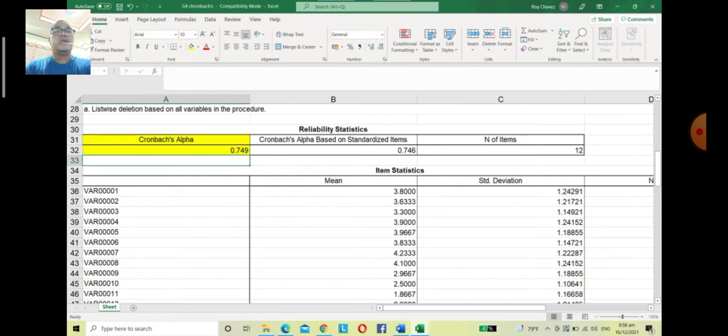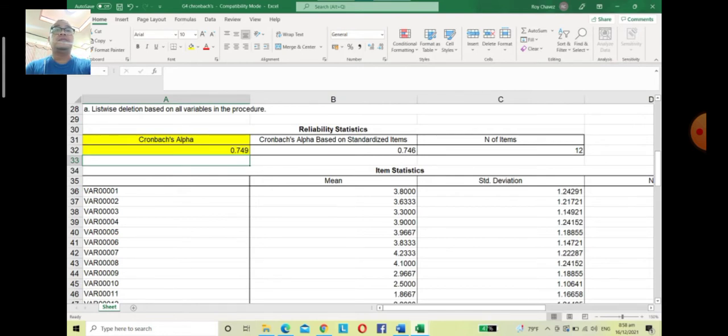The first file or some of the first files that I've sent you is about the Cronbach's alpha, which is to determine whether your instrument is reliable. In the file you might see so many numbers, but what you will have to know is yung naka-shade na yellow.